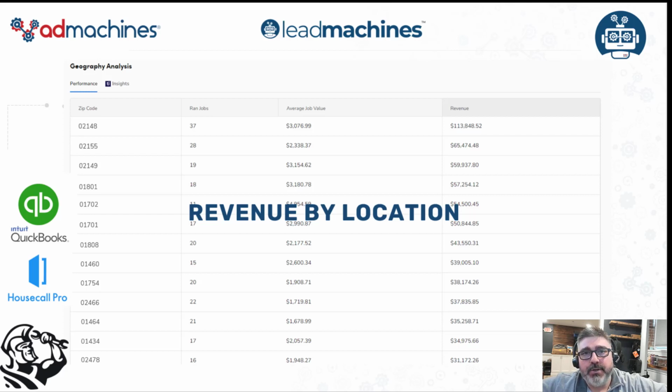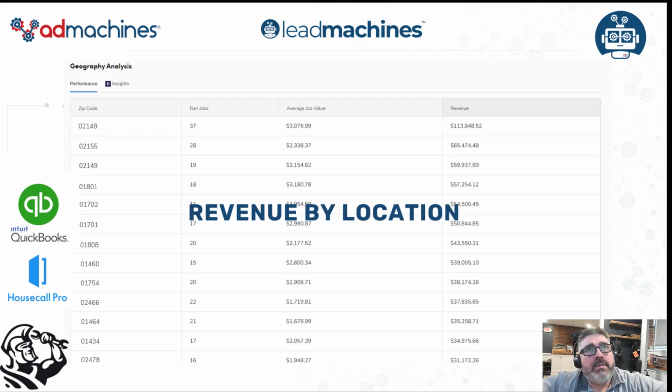We're looking at 3 years, 5 years of data, and that's where you start to make decisions. So in this example, 02148 has generated almost double the amount of revenue compared to the next available zip code. So I want to spend more in that zip code than I do in all the other zip codes.